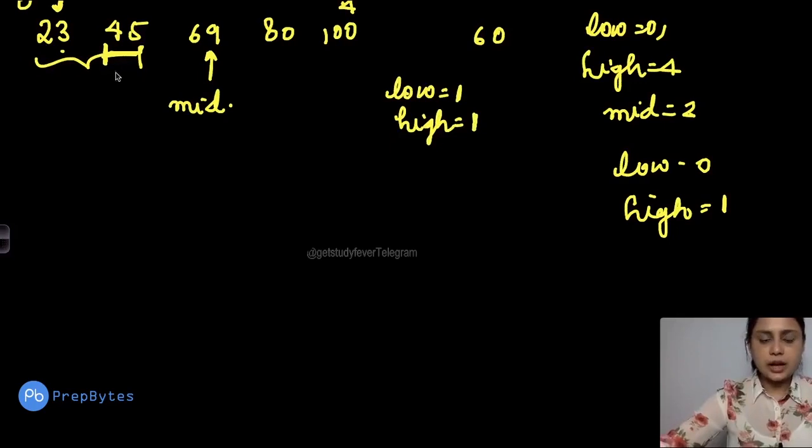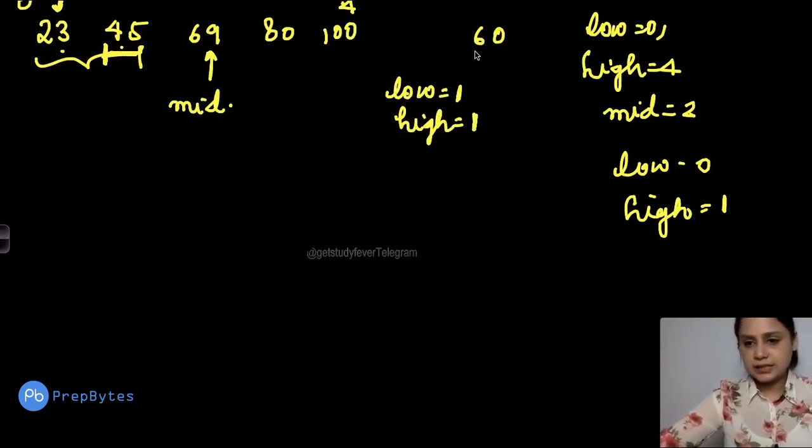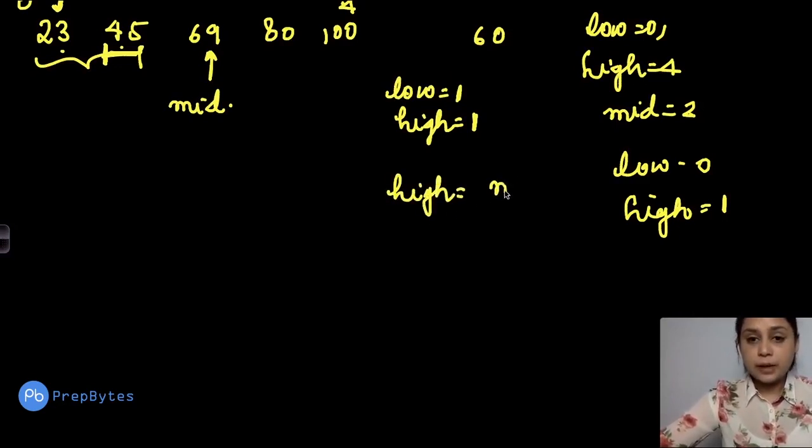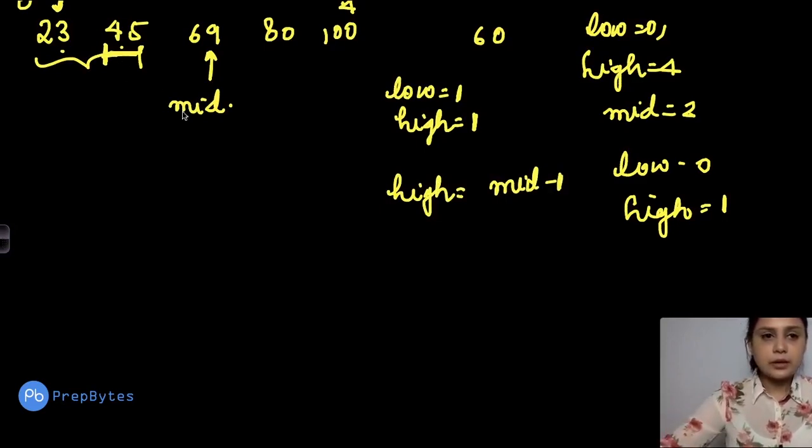Now I check again, and 45 is still less than 60. So my tendency is that I will update my high to mid minus 1, if this element, okay, my bad.